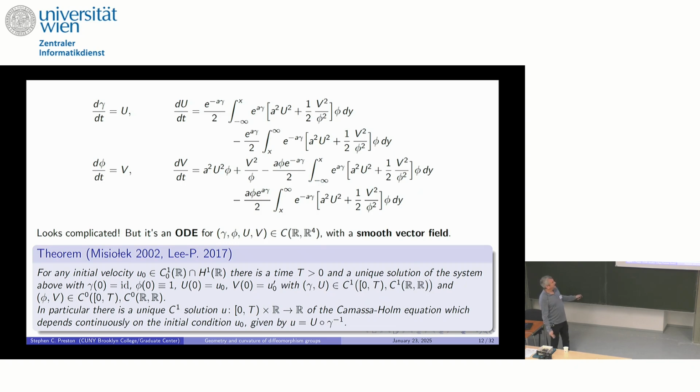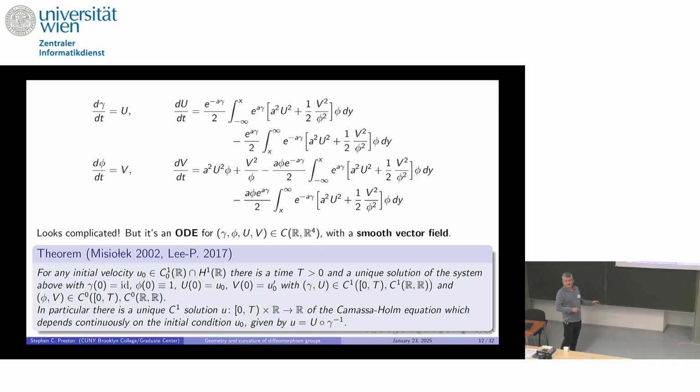In particular, when you change your variables back to little u, you get a solution which depends continuously on the initial condition. So the funny thing is the dependence of this more correct data, gamma, phi, capital U, capital V, that's smooth. It smoothly depends on the initial condition. The velocity field that you thought you cared about does not depend smoothly.